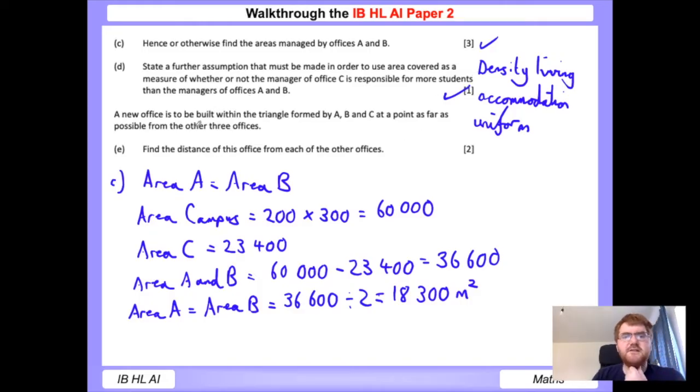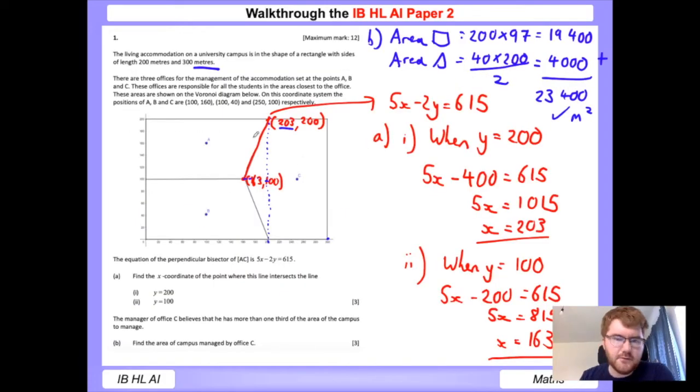And then a new office is to be built within the triangle formed by A, B, and C. At a point as far as possible from the other 3 offices. Find the distance of this office from each of the other offices. So let me draw this on the board. So if I draw this triangle that's made, let's just talk about what a Voronoi diagram actually represents here.